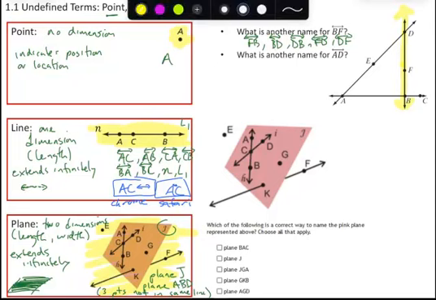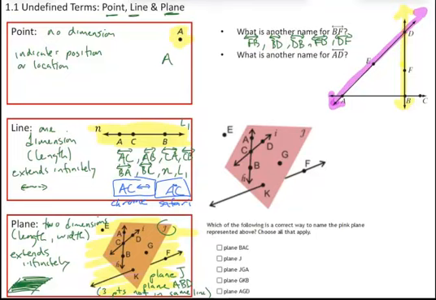Okay, so if we look at the next example here, AD. If you didn't quite get it the first time through, see if you can answer what would be another name for line AD. Okay, so AE is one possibility. What's another? Okay, you can switch the order of that.